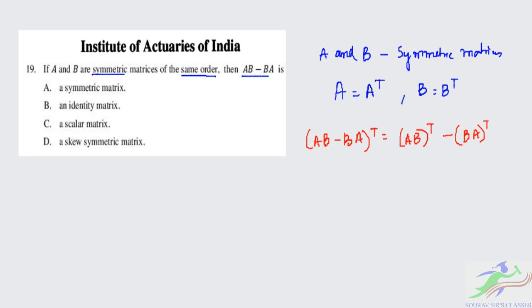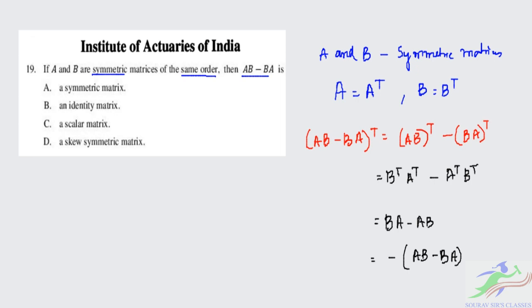So we can write AB transpose as B transpose A transpose minus A transpose B transpose, right? Or simply it is written as BA minus AB. Which can be written as minus of AB minus BA, right?